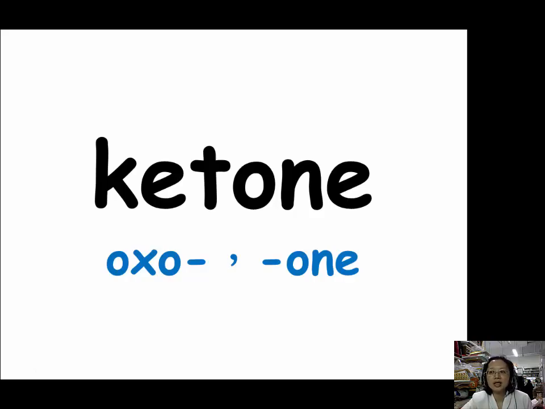In chemistry, a ketone is an organic compound with the structure RCOR', where R and R' can be a variety of carbon-containing substituents. Ketones and aldehydes are simple compounds that contain a carbonyl group, which is a carbon-oxygen double bond.